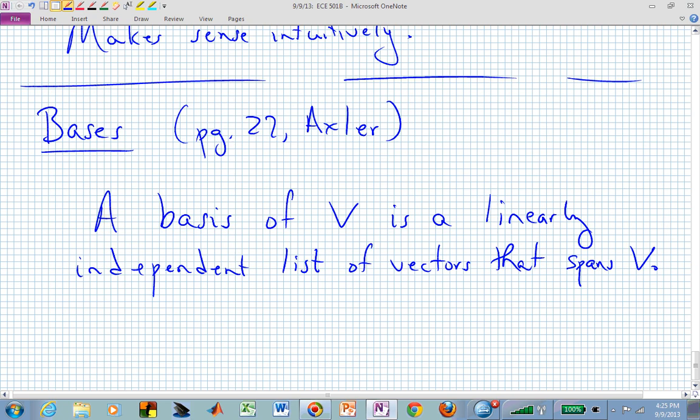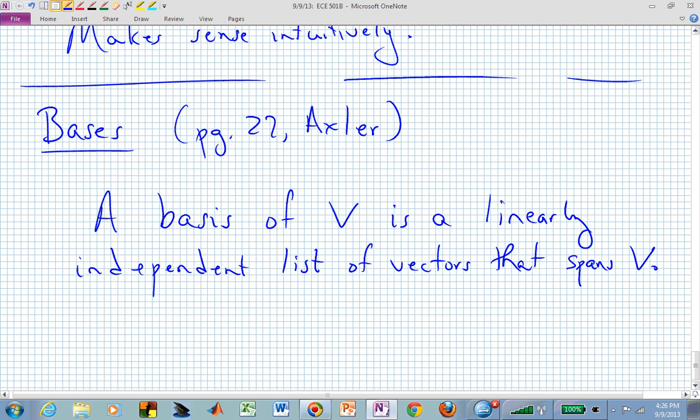And when you take several basis sets, you have bases, B-A-S-E-S. So now we're on the topic of having different sets of basis vectors.